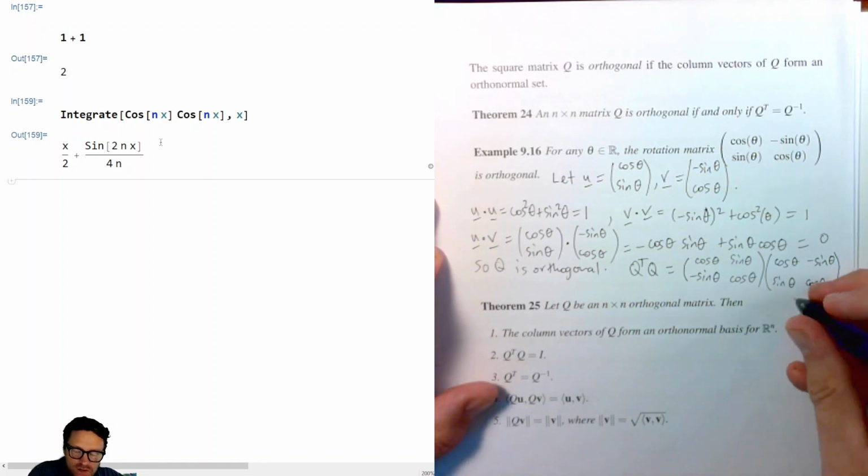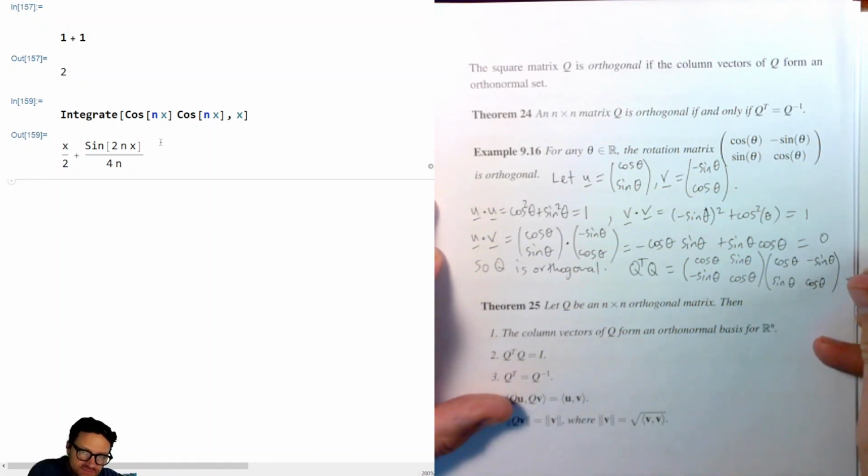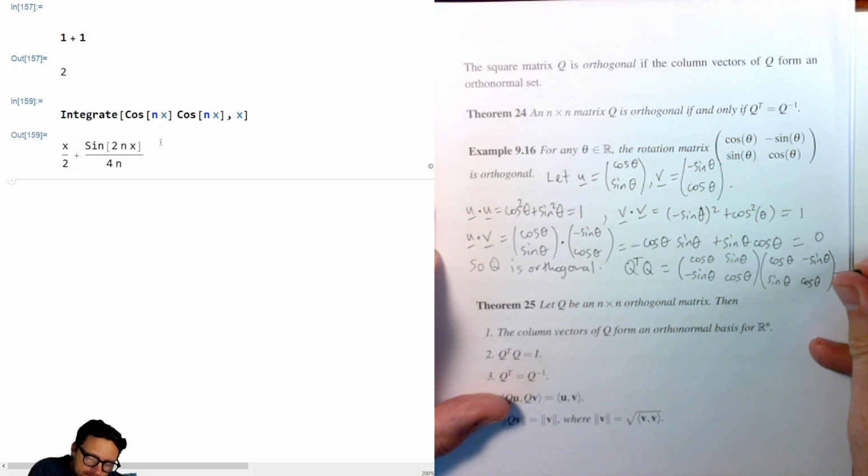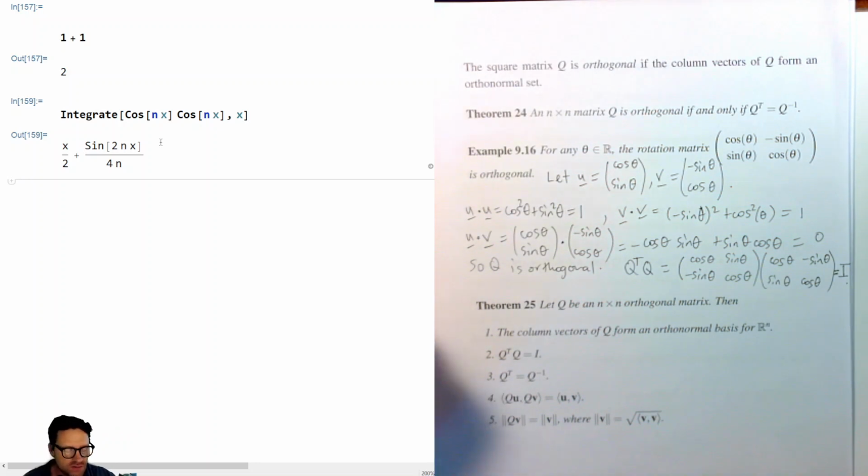When we take that product, we get the identity matrix, the 2 by 2 identity matrix, 1, 0, 0, 1. Again, because cos squared plus sine squared is 1.